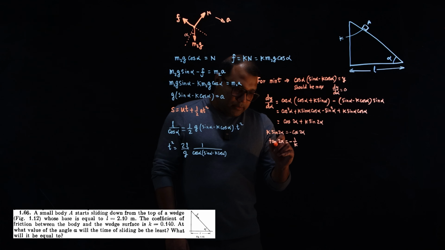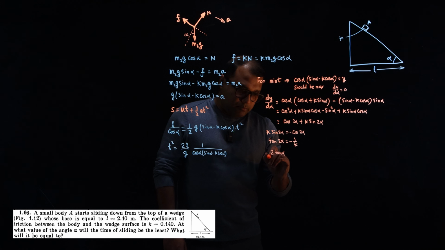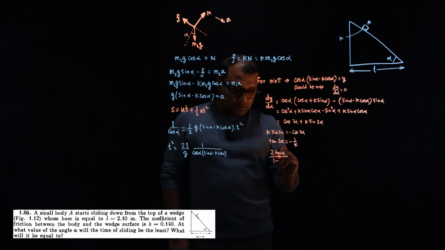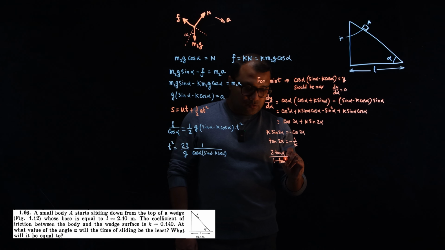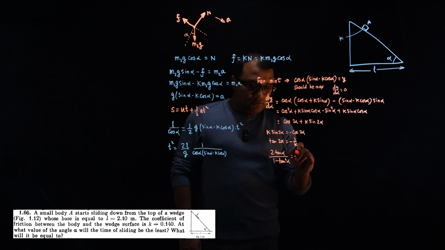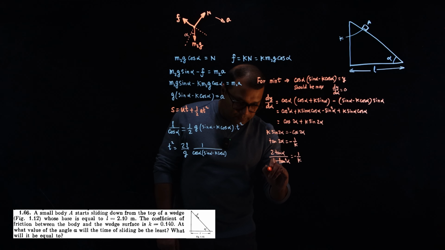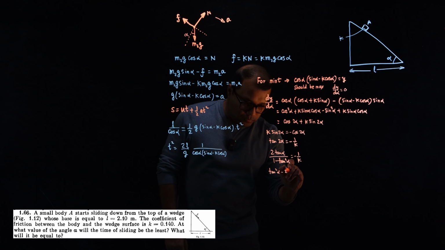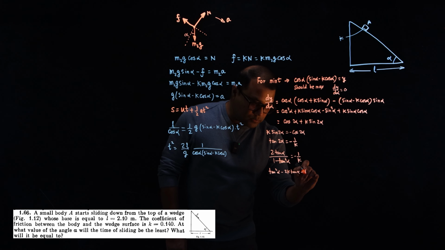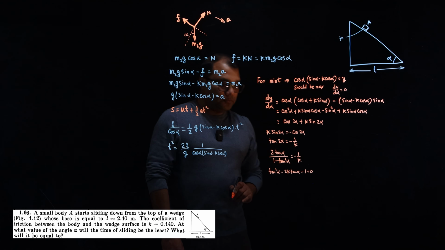We can further write this as 2 tan alpha by 1 minus tan square alpha is equal to minus 1 by k, and if we simplify this, this becomes tan square alpha minus 2k tan alpha minus 1 equals 0.